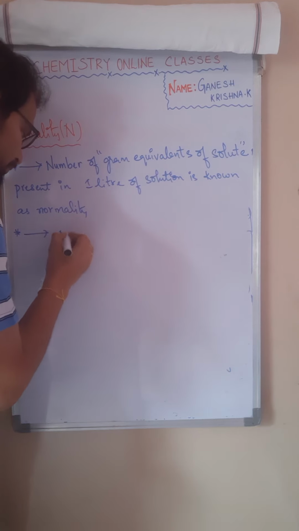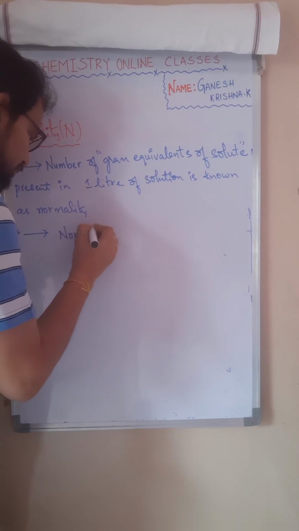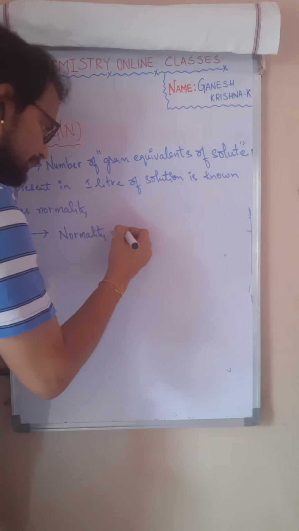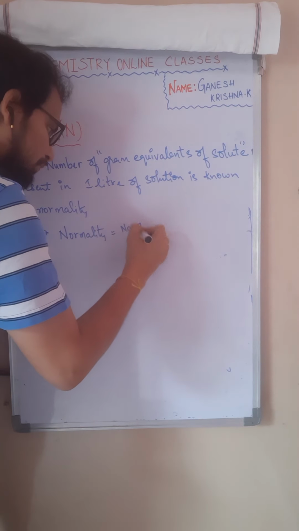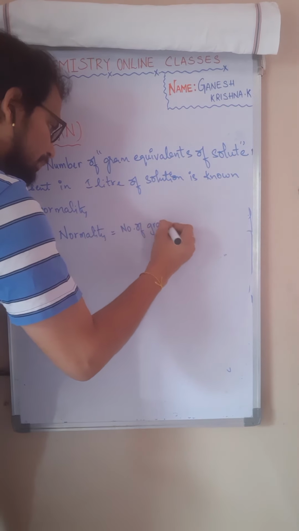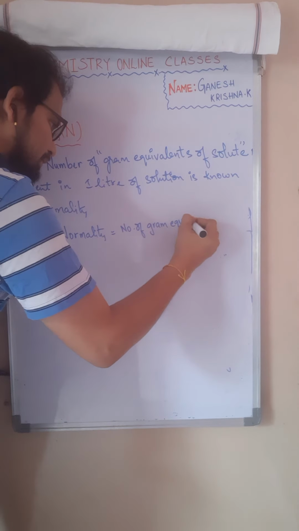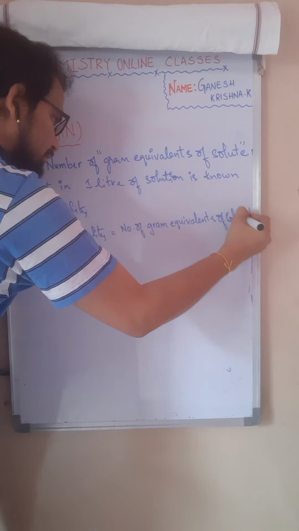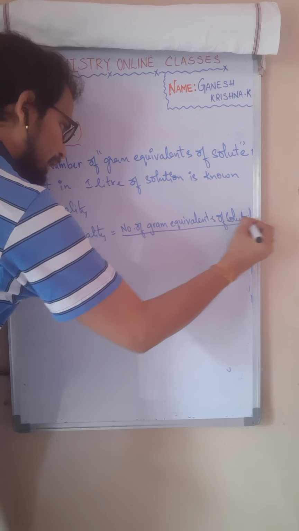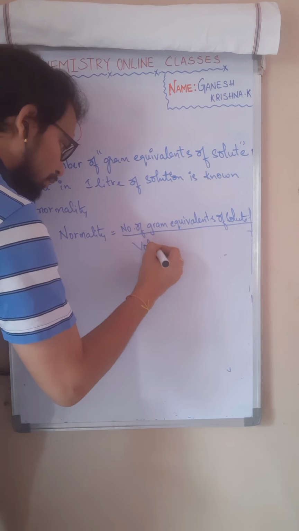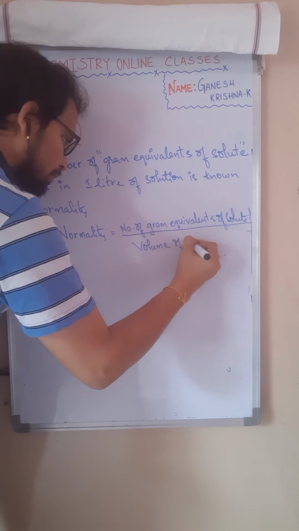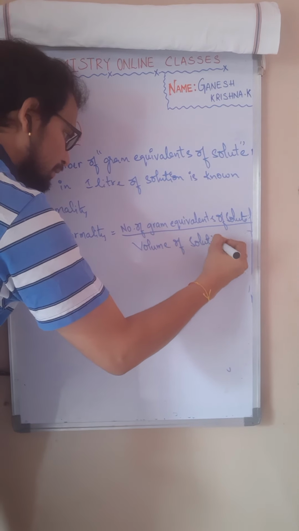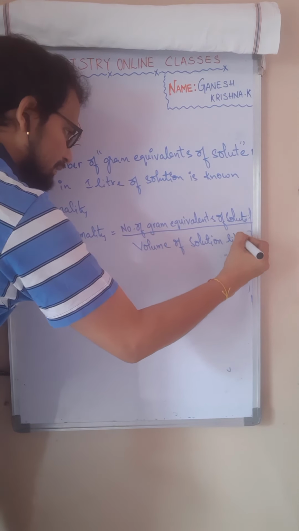Here, what is the mathematical expression to find normality? It is given as the number of gram equivalents of solute by volume of solution measured in liters.